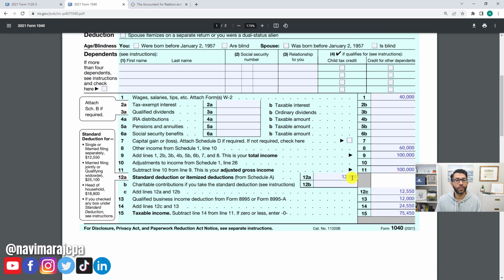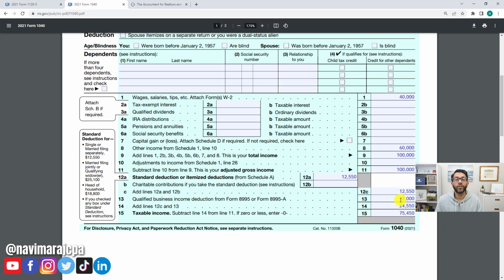Now you're going to get the standard deduction here. Okay, so this client is taking the standard deduction, this made-up client, and that standard deduction in 2021 was $12,550. So that amount is listed here. And then there's also something called the qualified business income deduction. So the math on this is basically 20% of the 60,000. So whatever income came from the business that was not officer compensation, in this example $60,000, you multiply that by 20%, that's 12,000.